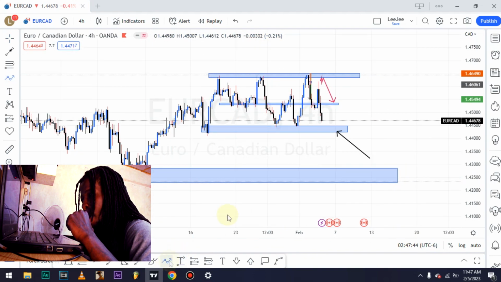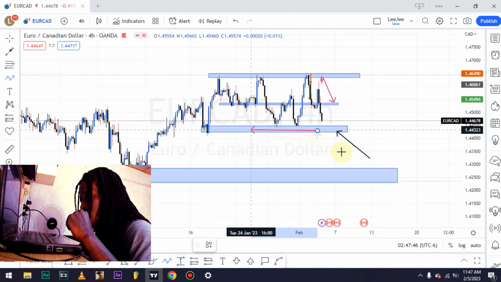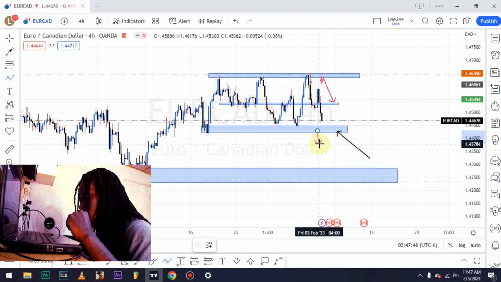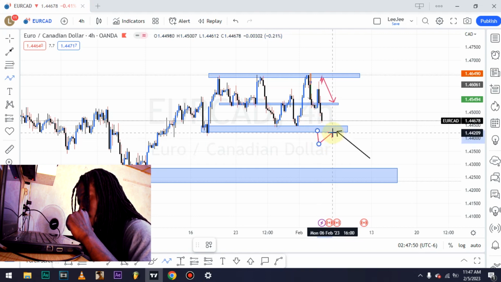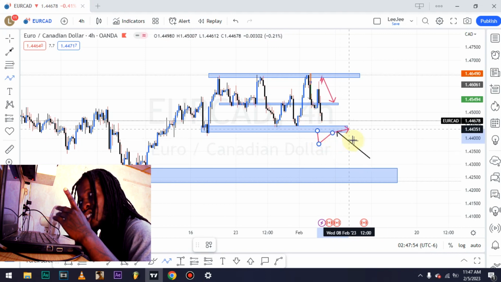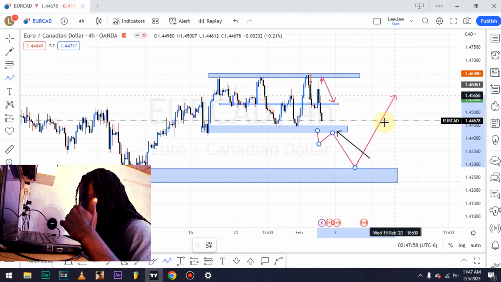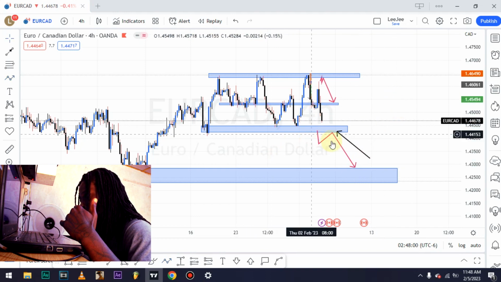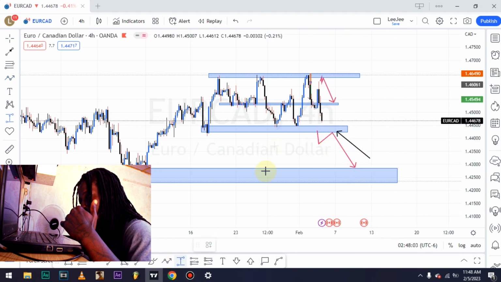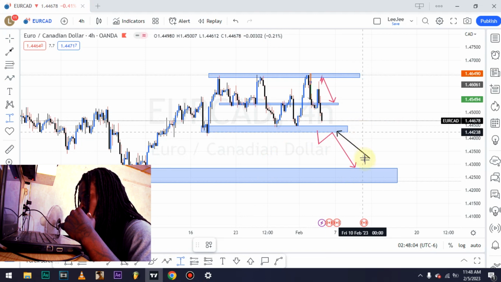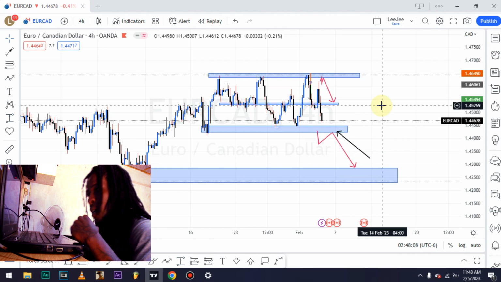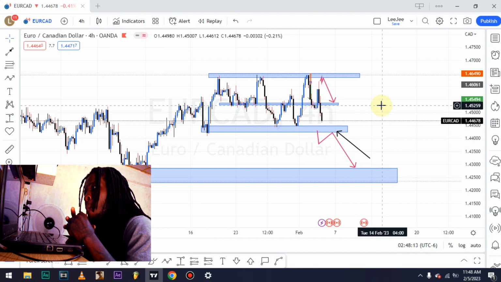I'm just waiting for a break below this support, then a pullback to retest the support that will now act as resistance. After some rejections and seeing some structure being formed, that's when I'll take my sell and then take my profit at the previous low or the previous support. That's around 136 pips, guys. That's so easy. It's all about being patient.